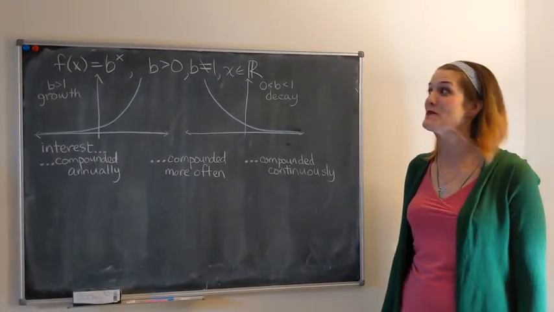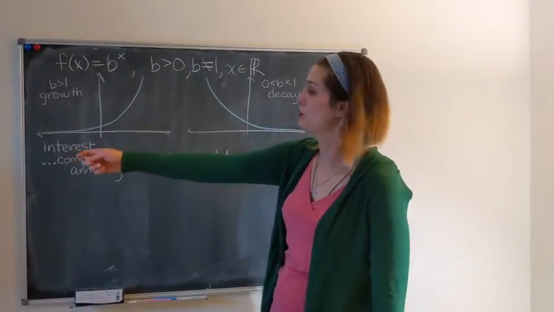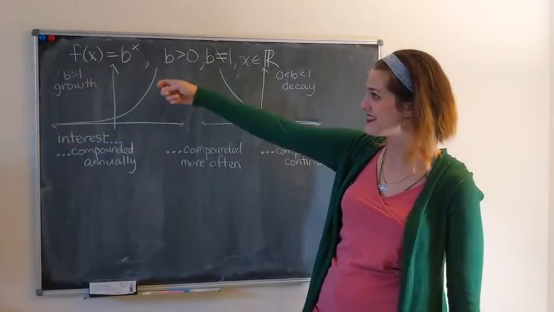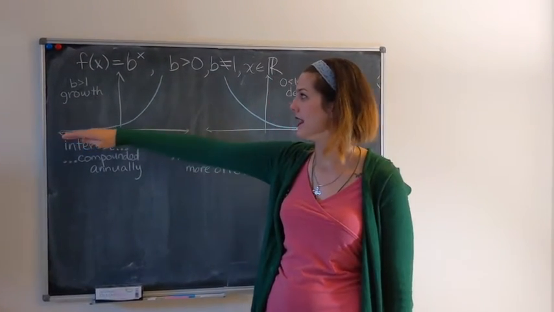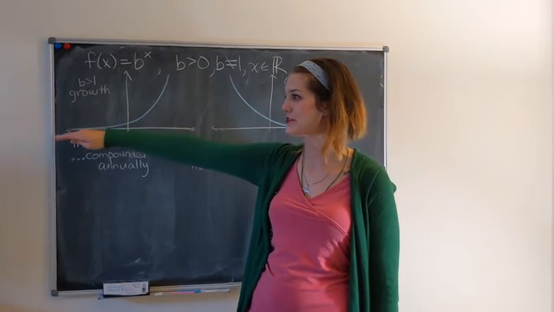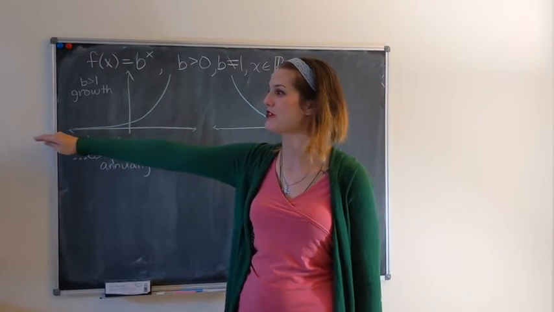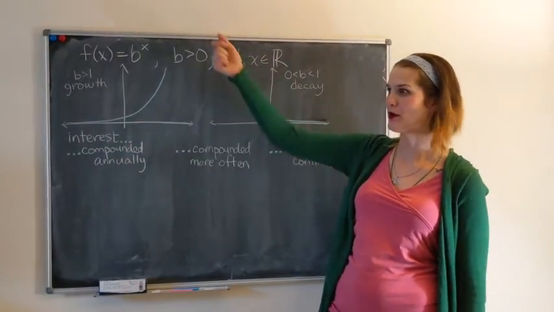In the case where b is greater than 1, we get exponential growth, which graphed looks like this. We have the x-axis as a horizontal asymptote, and our function gets closer and closer to 0 as x gets more and more negative, but as x grows, our function just shoots up.